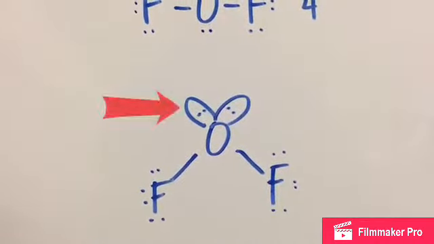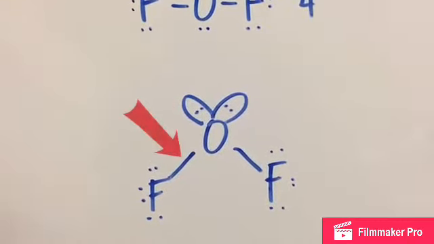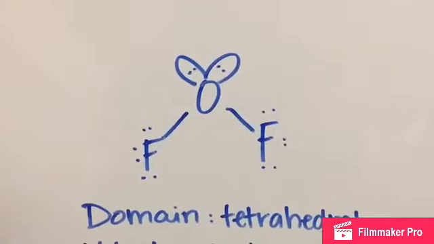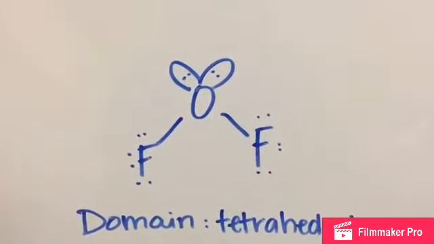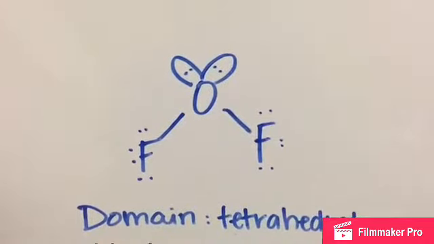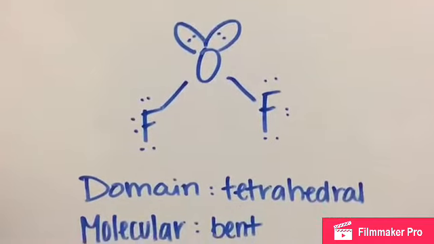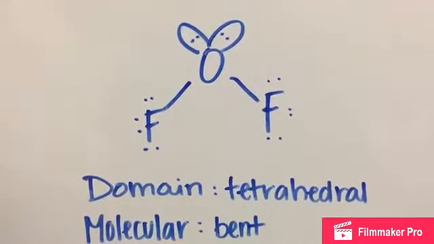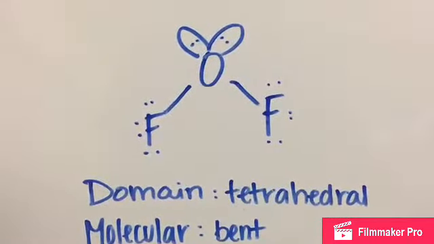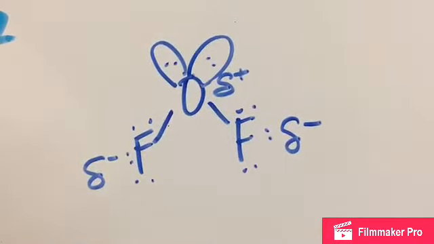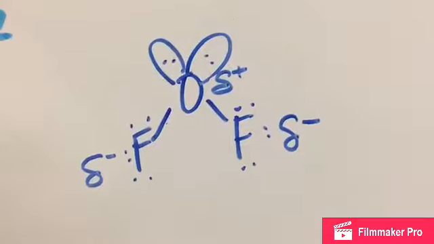It has 1, 2, 3, 4 domains. Now the domain geometry is tetrahedral, but because there are 2 non-bonding pairs in their own domain, the molecular geometry is bent.